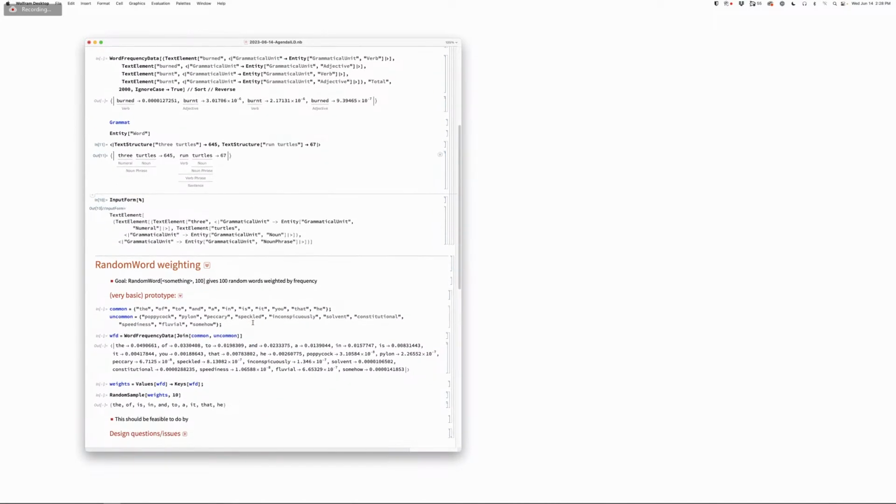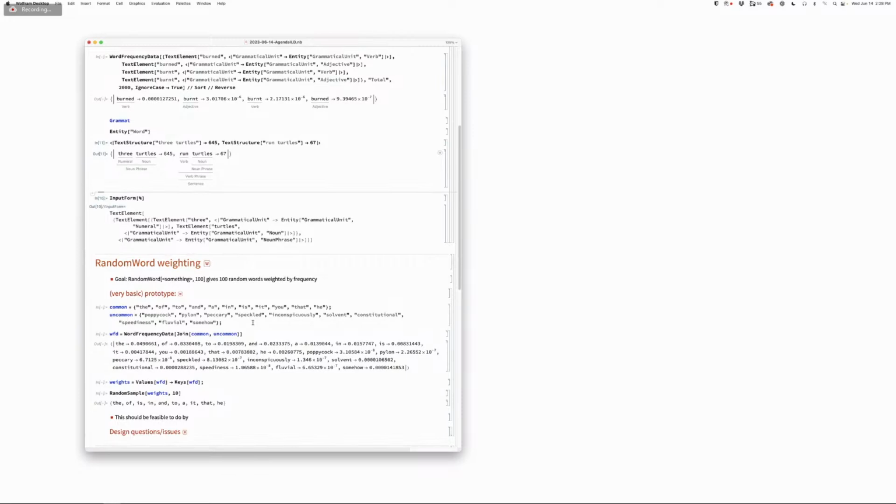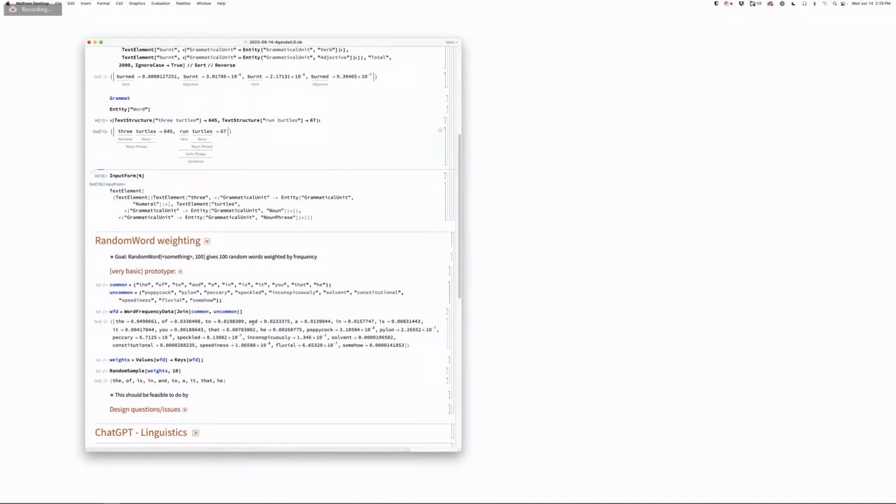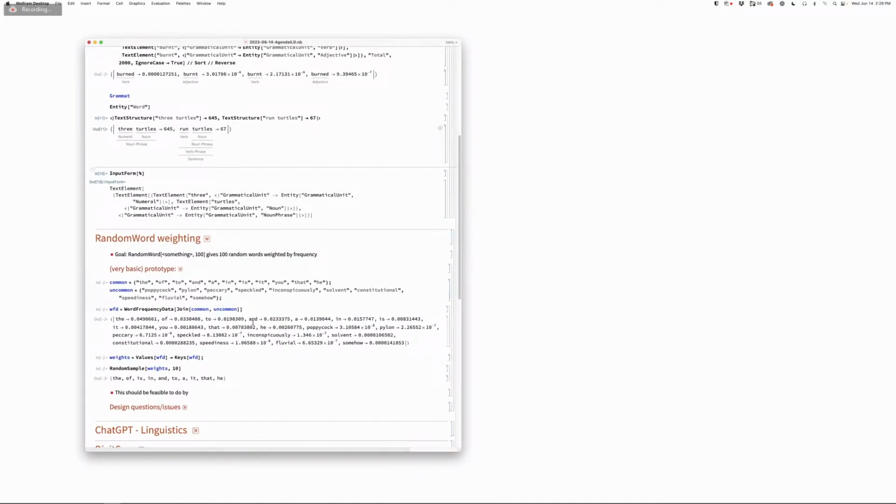So this is something that's come up a couple of times, the idea of using our word frequency data to create a weighting system for random words. Francisco and Alan and I discussed this a bit, and we think, for the basic case of I want all, or at least a reasonable subset of all words for a given language with their weights, we can basically pre-compute that and have that be fetchable.